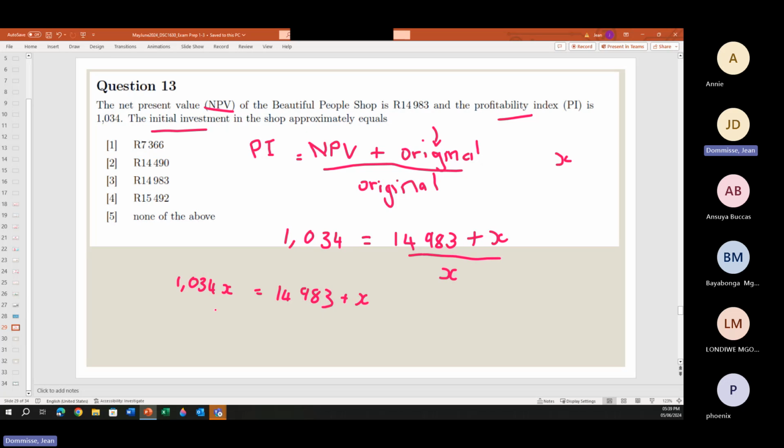So I will subtract x on both sides. So I get that 0,034x is equal to 14,983.